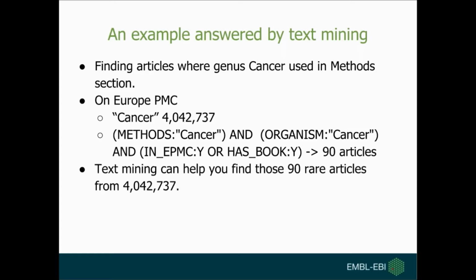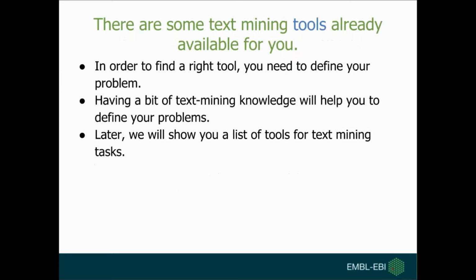If you make a query where you specify that you want cancer specifically mentioned in methods and organisms, then it will give you only 90 articles. Text mining really can help you to find those 90 real articles from millions of articles.